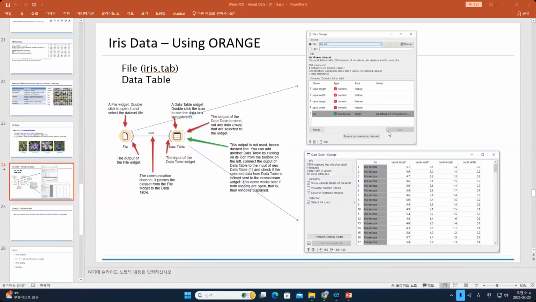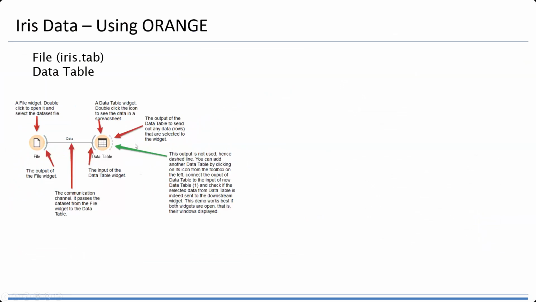So now let me stop and go to another thing. Yeah, this is what I showed you before. So in Orange, you can see the file and the data table.